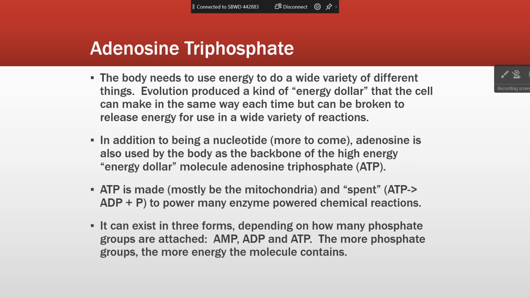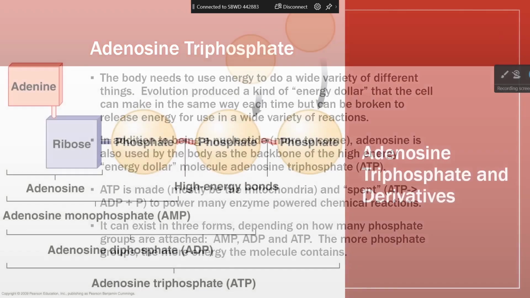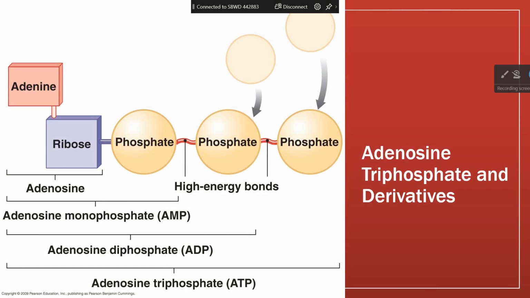So what has evolved on Earth is this really elegant system of sort of energy economy, where we take a nucleotide, adenosine, and we add phosphates to it, and we create this very high energy but relatively stable at body environment molecule, right? So ATP, 3 phosphates.